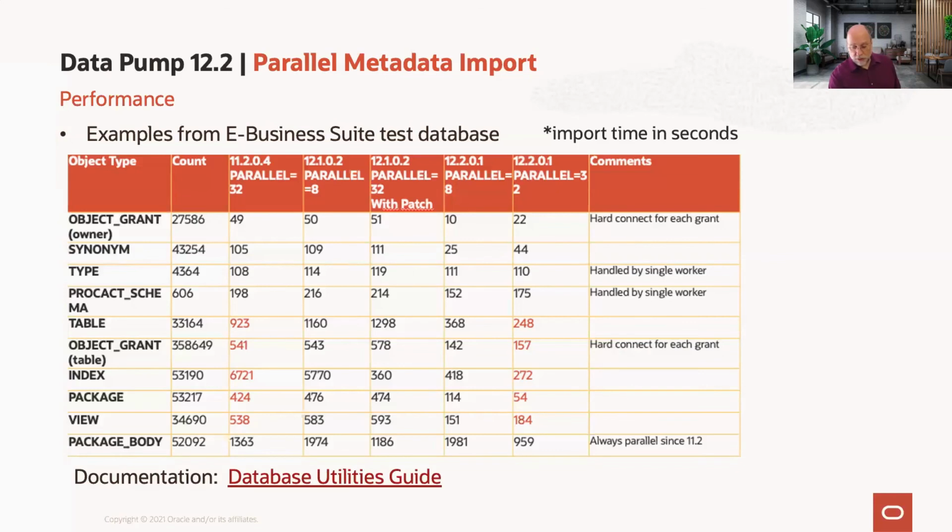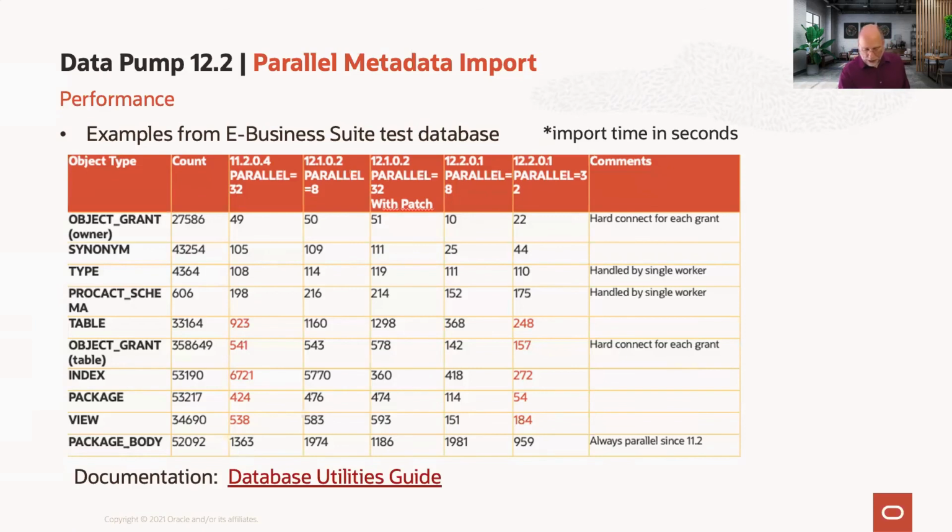And you'll also notice, for the truth in advertising part, some of these things do not get any better with parallelism, like types. As we said, types have to be handled by a single worker because of ordering. Grants don't scale as well as you might think, because even with parallelism, every time you create a grant, there's a hard connect involved.